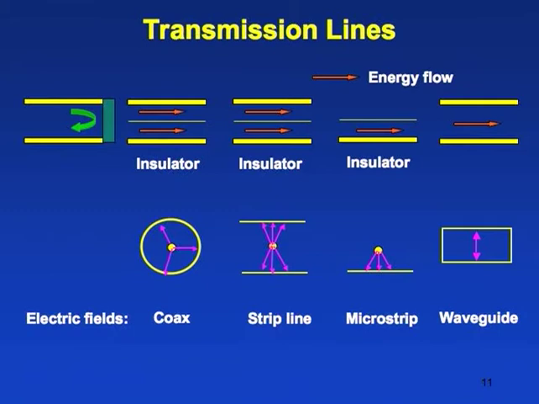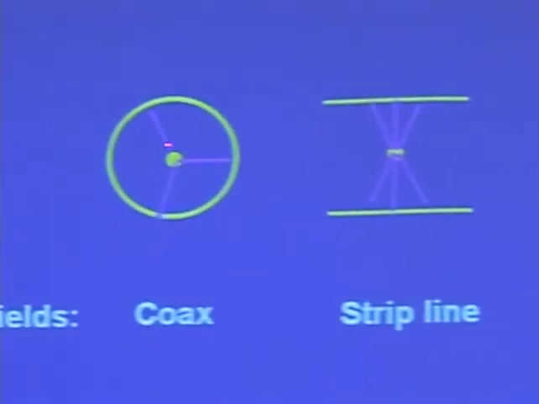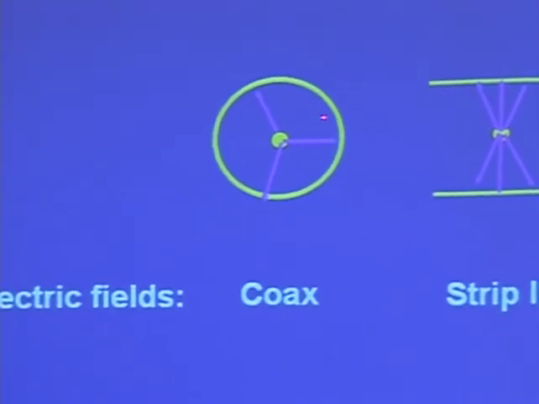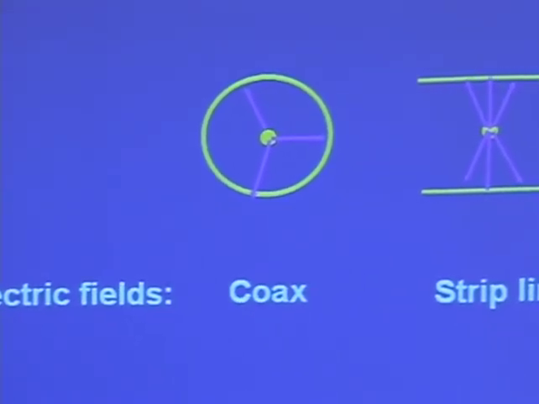So we can capture the RF field, the radio wave, in a tube, and it will then propagate down the tube, down the waveguide, without a return path. And we can do the same thing with a coax tube. And again, the energy goes from one end to the other without a return path.